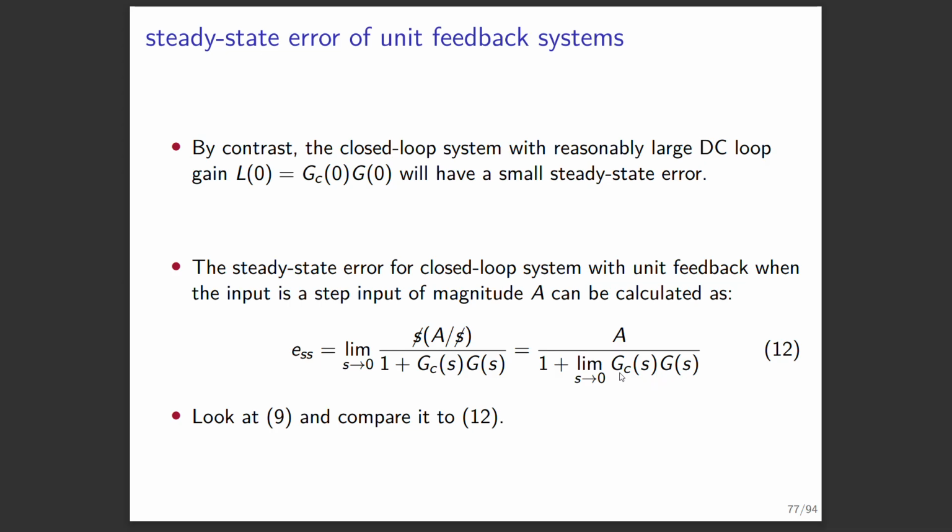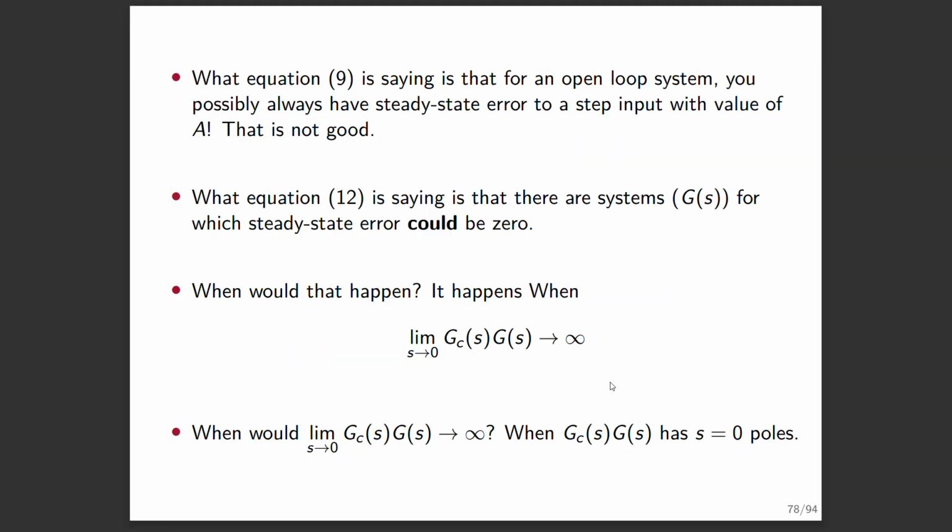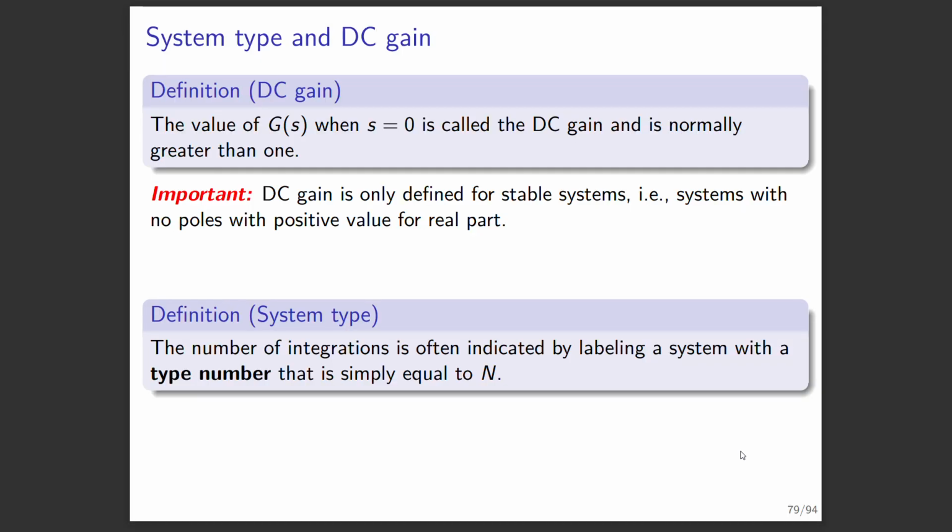I need this function to have s in its denominator. So if I want this to go to infinity, what should be the condition on GC times G? Well, it needs to have s in the denominator. It needs to have s equals 0 poles.